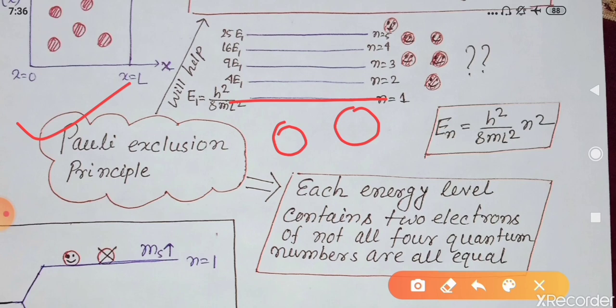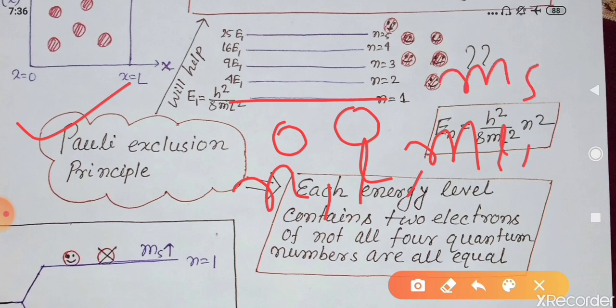We know that there are 4 quantum numbers: n, l, ml and ms. These represent the energy state of an electron. And the condition to fill up one energy level is that all these 4 quantum numbers should not be equal for these 2 electrons.